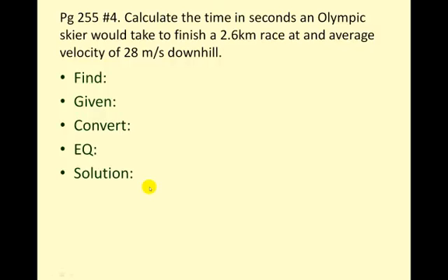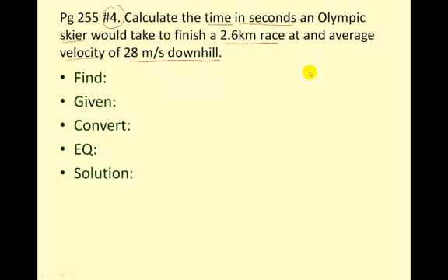Next problem. I'm going straight to number 4 on page 255. This time we need to calculate a time in seconds for an Olympic skier who is going to be taking to the finish of a 2.6 kilometer race at an average velocity of 28 meters per second downhill.